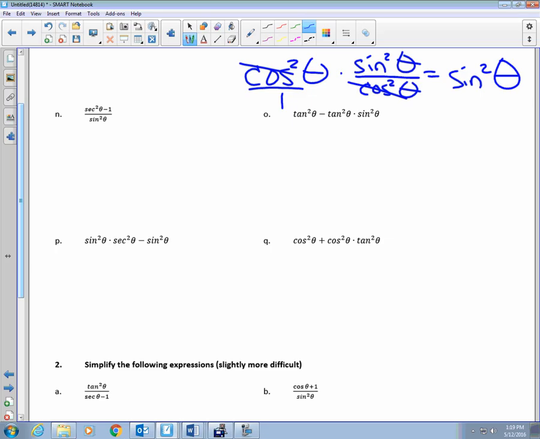How about secant squared of theta minus 1 over sine squared of theta? What is secant squared minus 1? What do you get? The tangent squared of theta over sine squared of theta. What should I change it to?